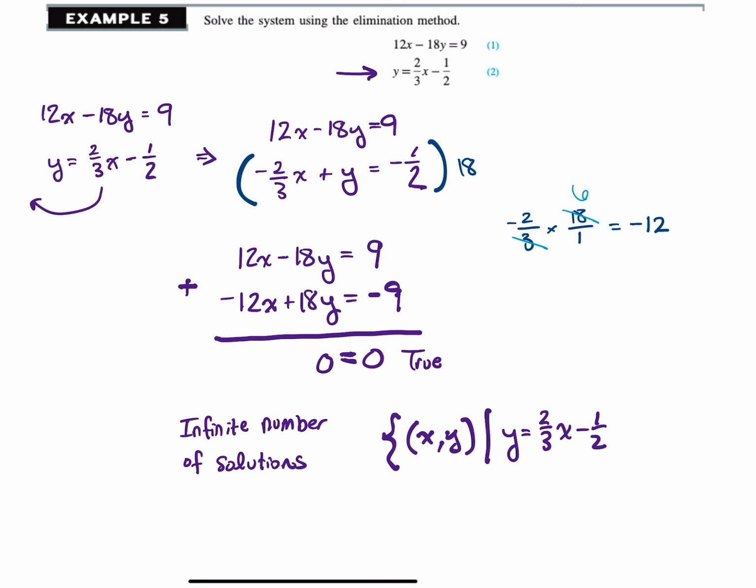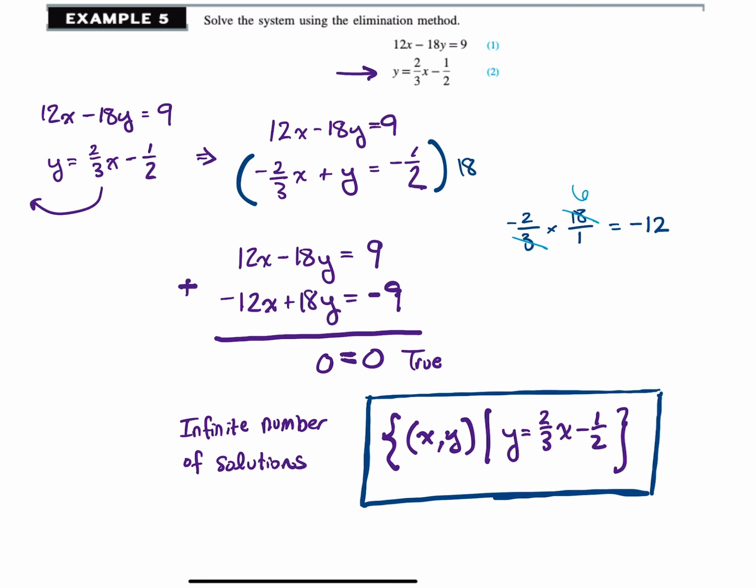So all solutions to one of these lines will be a solution to the system. Another way of saying that is every point on this line is a solution. Every point is a point of intersection because they are the same line. That's another way to say that too.